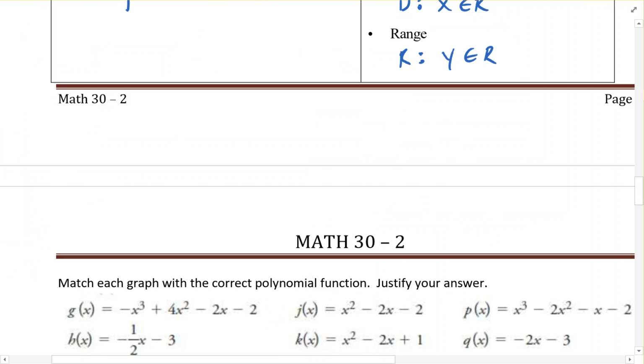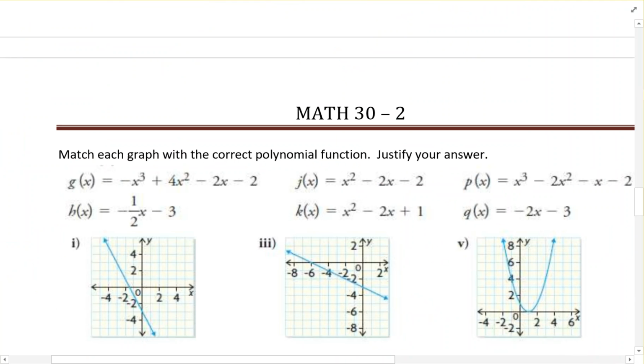So why I bring that up is because right off the bat, I'm looking at G, and it's got a degree 3, so it's going to be one of those squiggly guys, right? And it's a negative out front, so I know it's going to be going something like that. It's going down, but not like that. It's going to be some kind of squiggly thing going down.